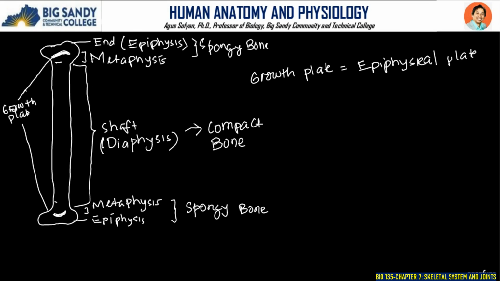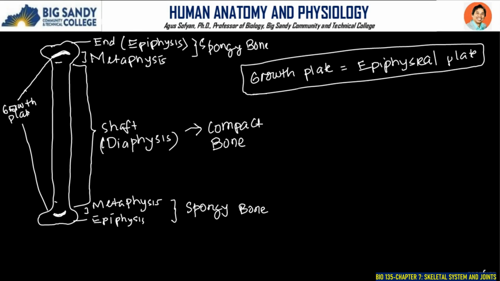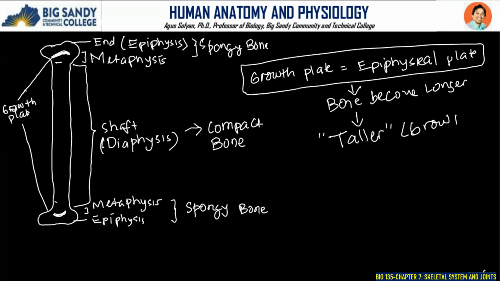So this is the area between the metaphysis and epiphysis that has a lot of cells that multiply. These are the cells that will make the bones become longer, and then as individuals we become taller, which is growth.